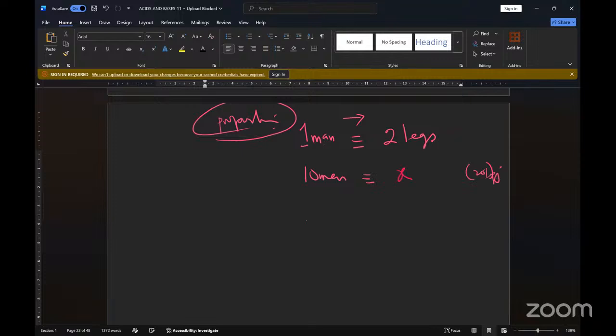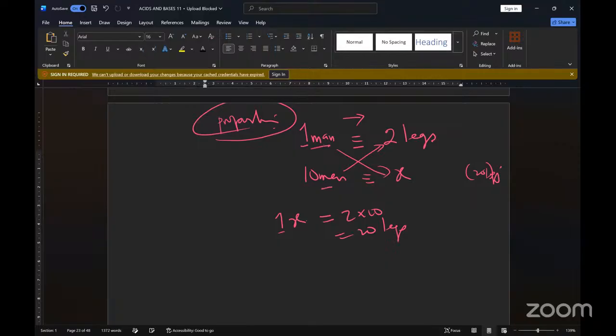Let's call this X, which we don't know. You cross multiply: one man times X, so 1X should be equal to 2 times 10, and that gives you 20 legs.